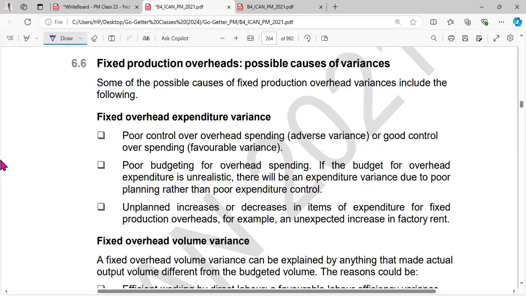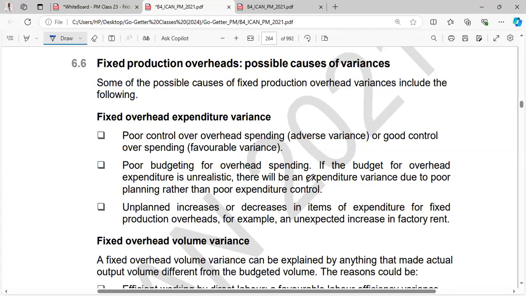If your budget is not realistic, maybe there are certain things you didn't plan for, and you now encounter them, that means your budgeting was poor. There will be an expenditure variance due to poor planning. You see planning variance, so this is part of that.